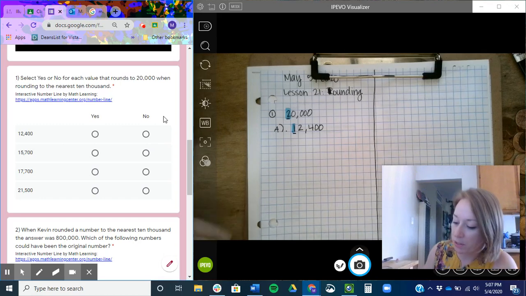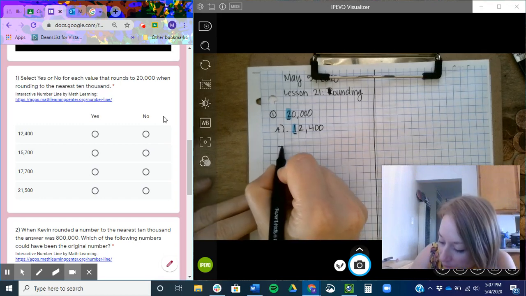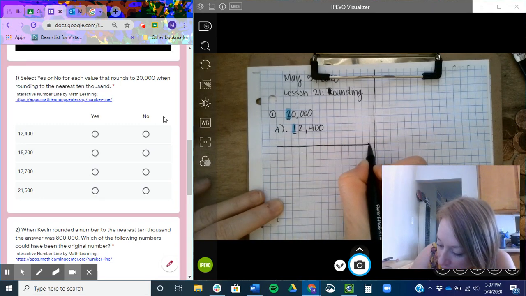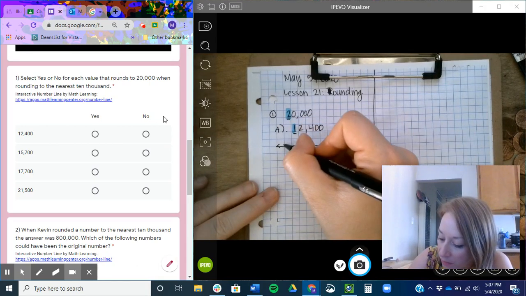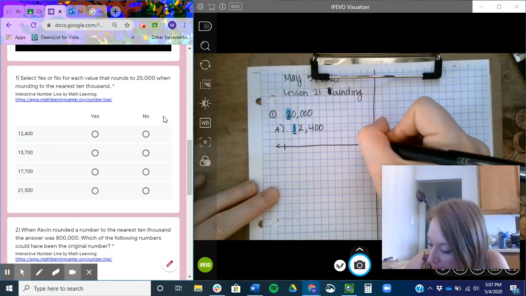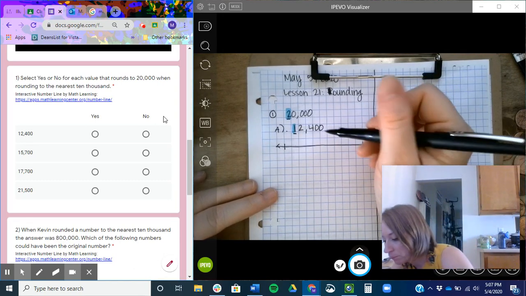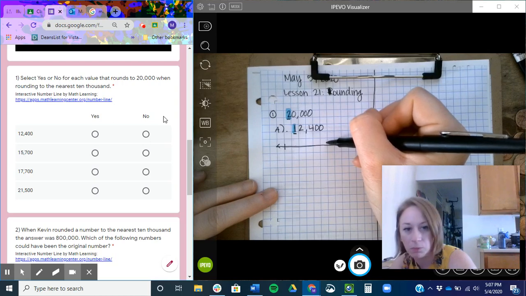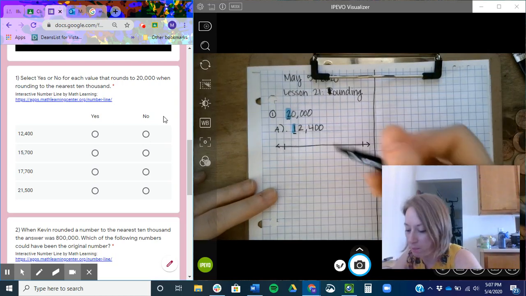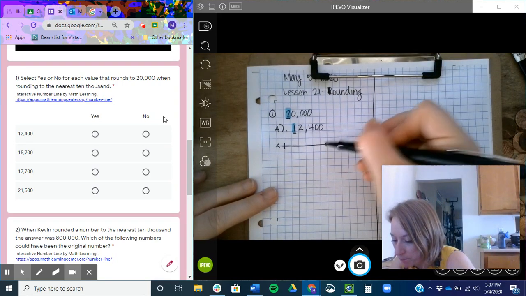So when we set up our number line, we show the beginning, the end, and the middle.